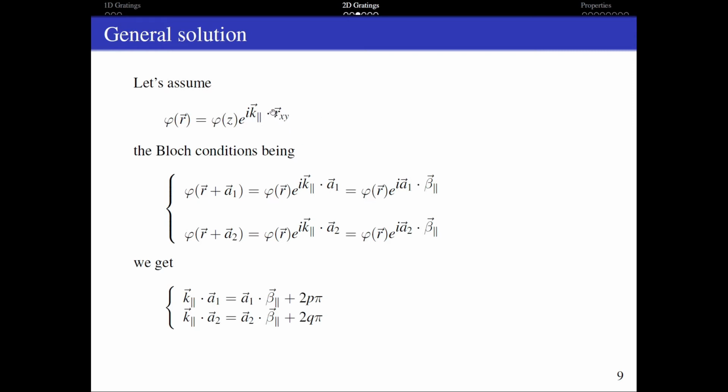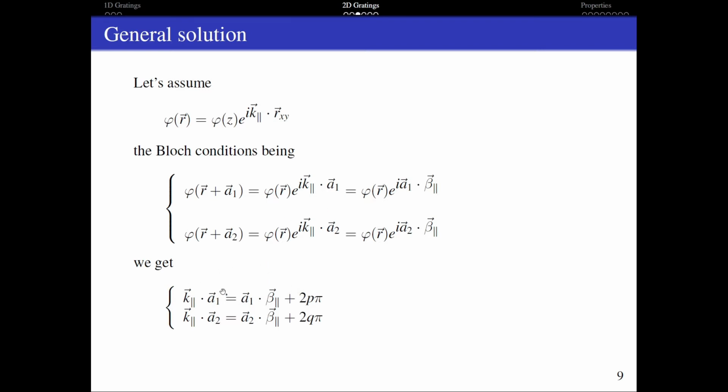Just like before, we take this and we apply the Bloch conditions. So we have two equations. And again, we have equalities between exponential terms, which of course translate again into equalities of the terms inside plus a 2π shift. That is going to be very important.